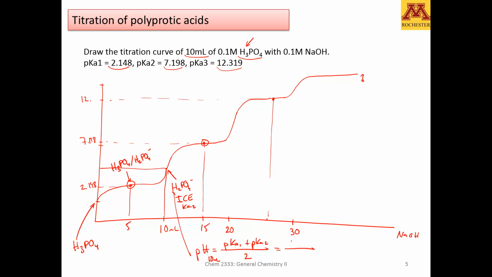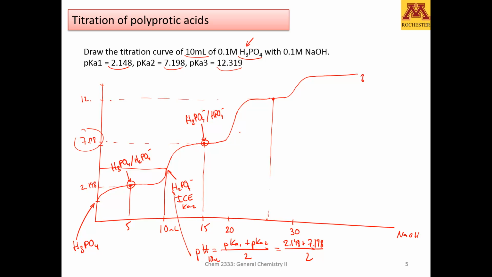And so this is 2.148 plus 7.198 divided by 2. Okay, whatever that gives. Notice that if we proceed at this pH, you will have in species half of the moles converted into still being the dihydrogen phosphate and the other one hydrogen phosphate.